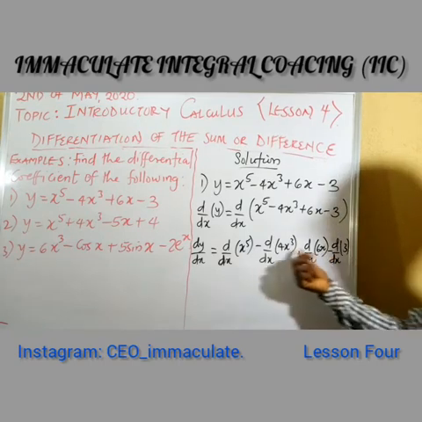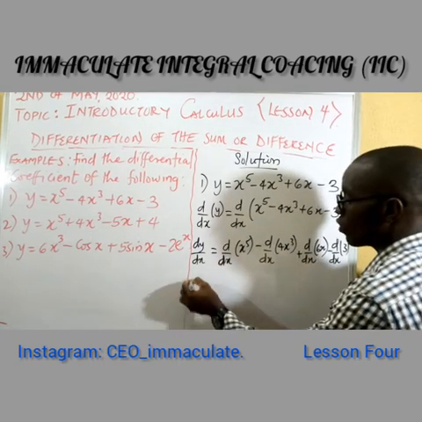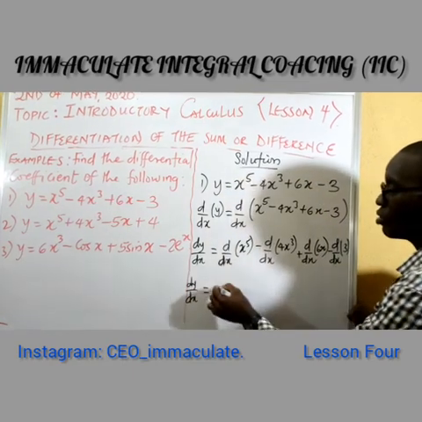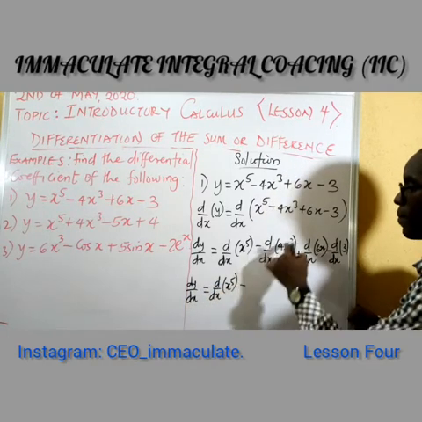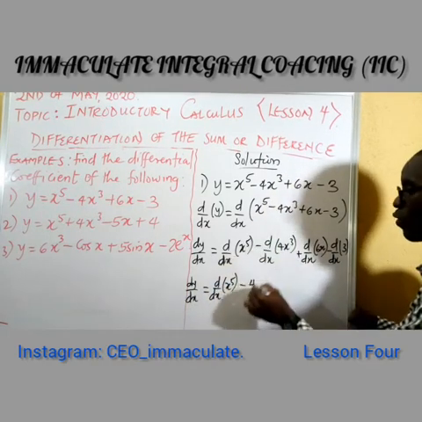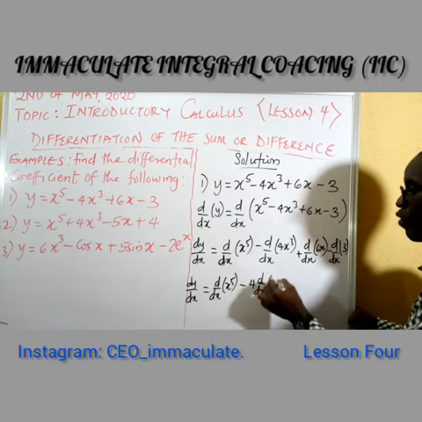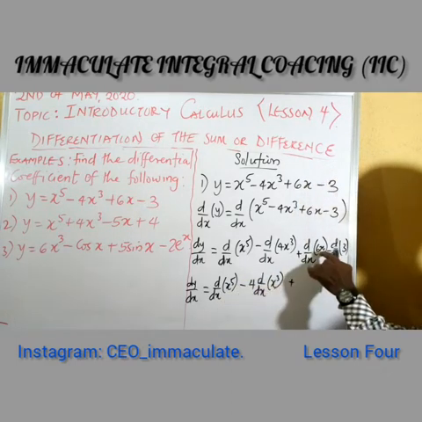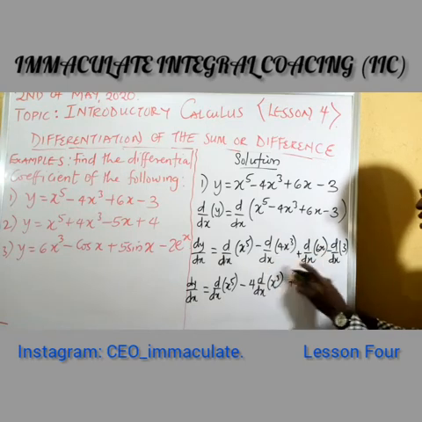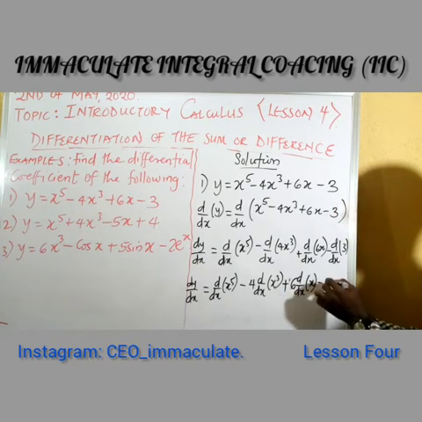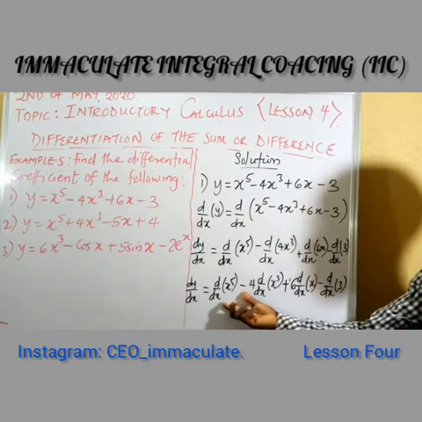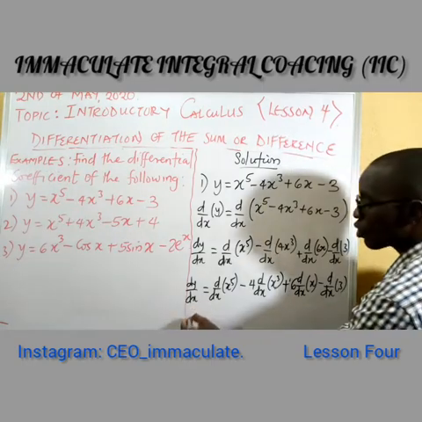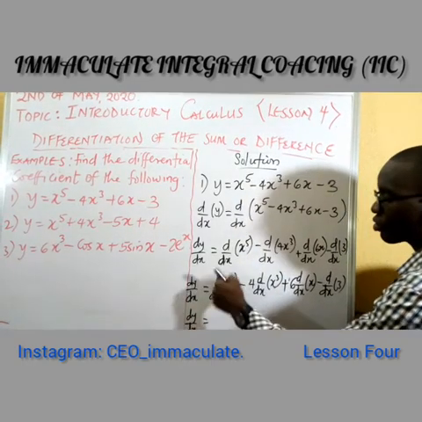From here, we're going to bring out our constants. Therefore, dy/dx equals d/dx of x to the power 5 minus 4 d/dx of x to the power 3 plus 6 d/dx of x minus d/dx of 3. From here, we can now differentiate each term.